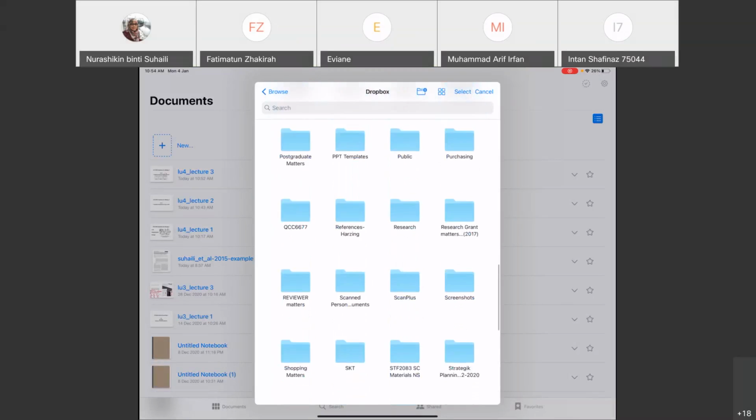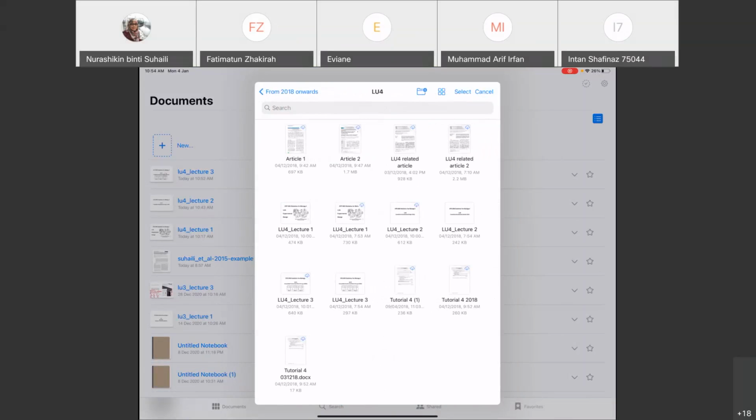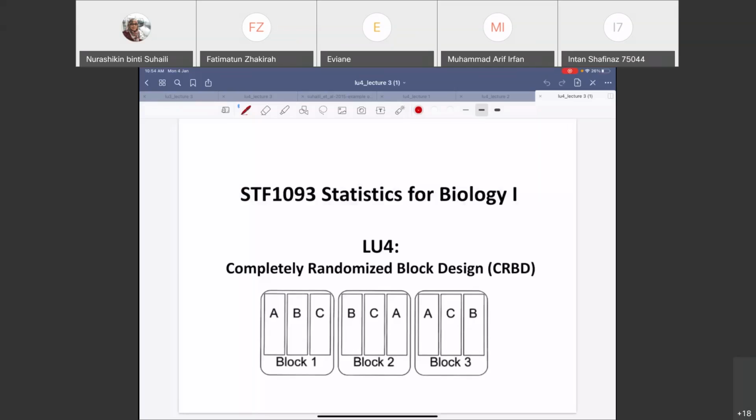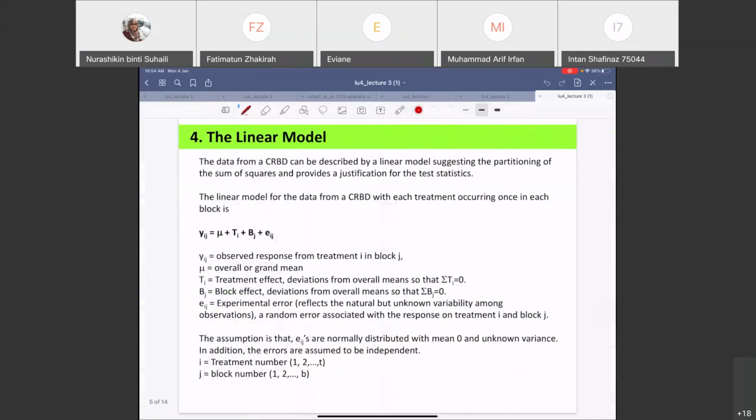Hold on. Okay, this one is better. This one is the linear model.